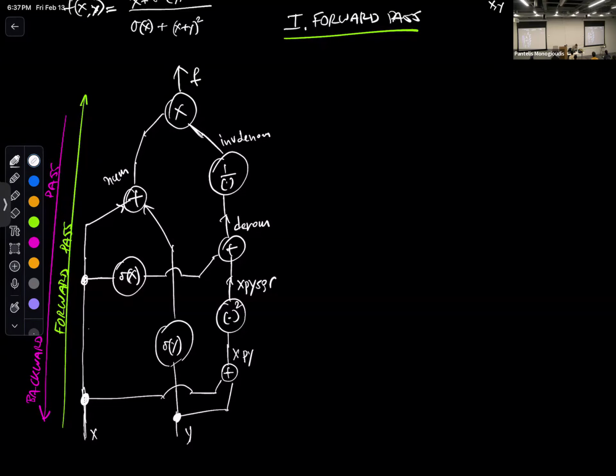So in my notes, I have started from sig y. And I'm going to write it down. If you start from sig x, if you start from x plus y, you arrive at exactly the same thing. This is equation 1.